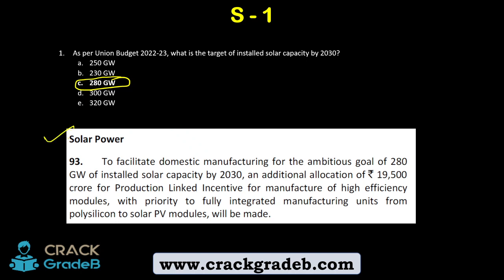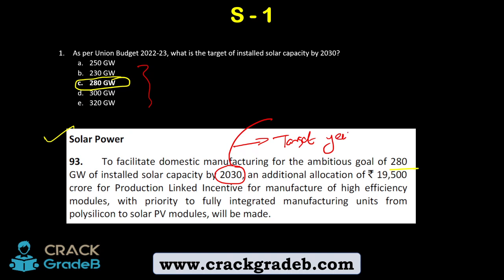These are the screenshots. All the solutions that you can see in this lecture are taken directly from the budget document. To facilitate domestic manufacturing for the ambitious 280 gigawatt of installed solar capacity by 2030. What is the target year? You see, we give the information not only with the question but with the solution also: by 2030. This is the target year.